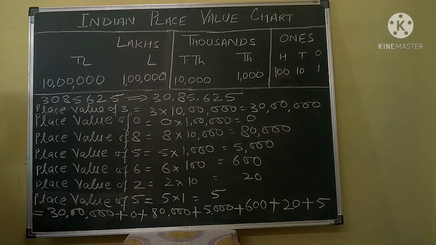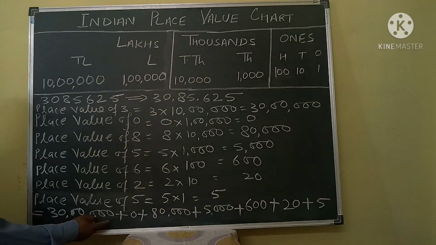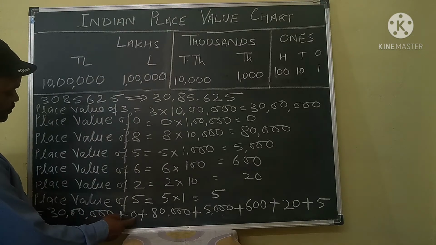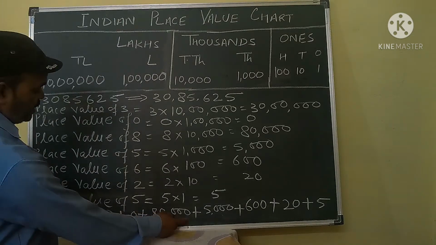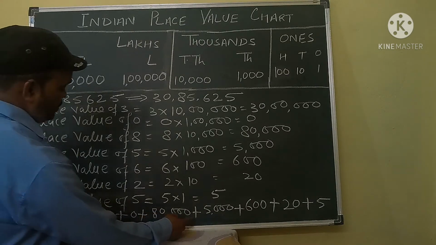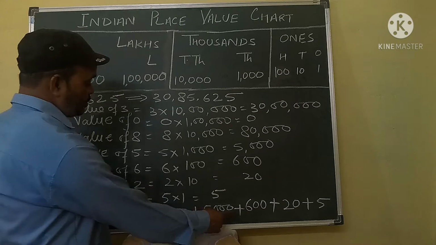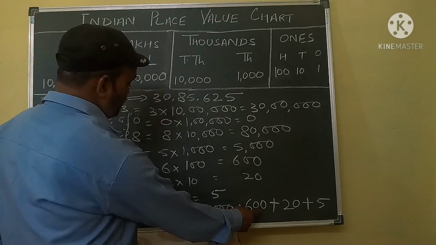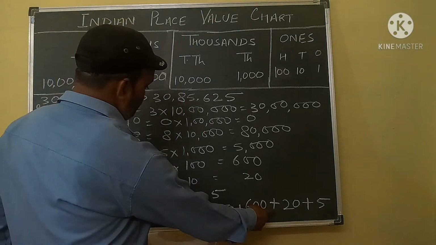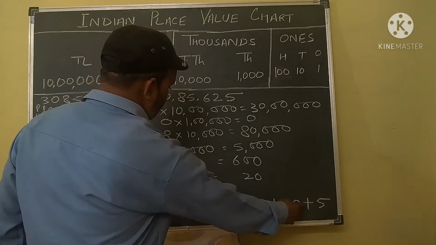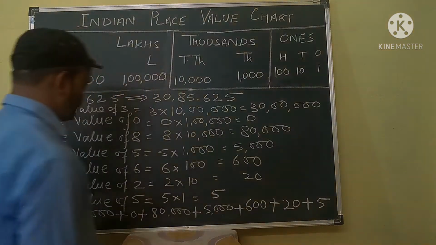Now look here. This is 30 lakh plus 0 plus 80,000 plus 5,000 plus 600 plus 20 plus 5.